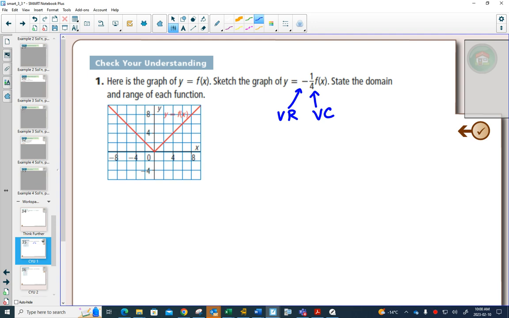What's going to happen is all of our original points algebraically, you're going to multiply your y values by, and you can do both the vertical reflection and vertical compression at the same time. All of our y values are going to get multiplied by negative 1/4.